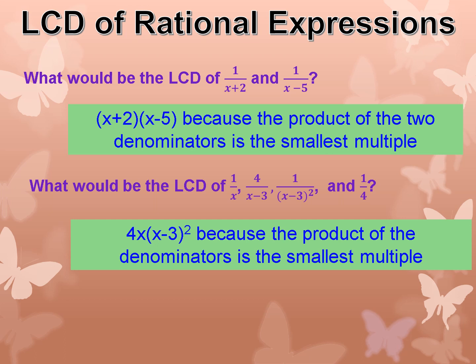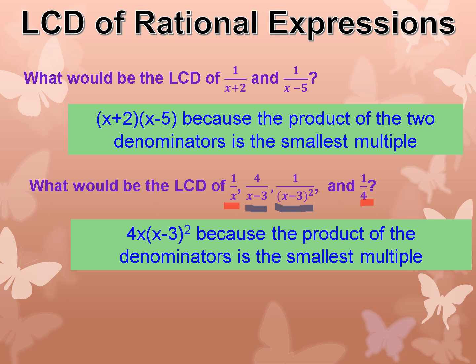Let's talk about it first, though. So when we're doing the denominators, we know it's going to have an x, and we know it's going to have a 4. So we know 4x is going to be a part of it. But where we run into a little trouble is right here with x minus 3 and x minus 3 squared. Now, think about it this way.